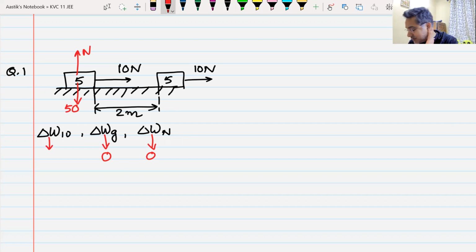And what is the work done by the 10 Newton force? No one knows the work done by the 10 Newton force?